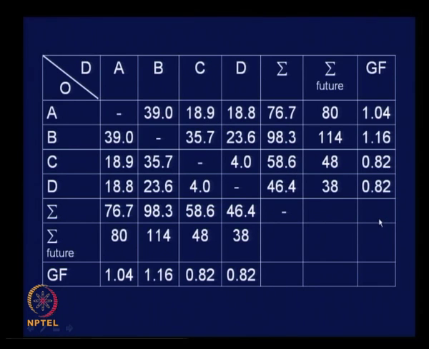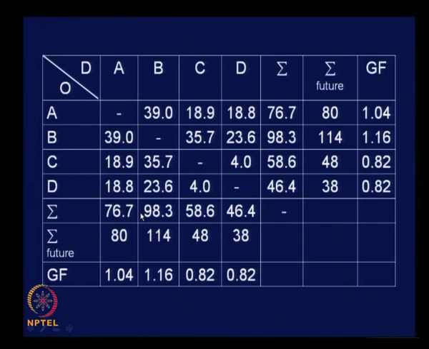Symmetry is maintained. Then add up; these are the calculated trip destinations and calculated trip origins as per the first iteration, and then future values are fixed, already known to us.